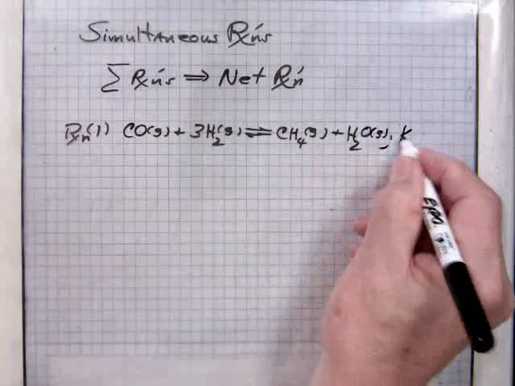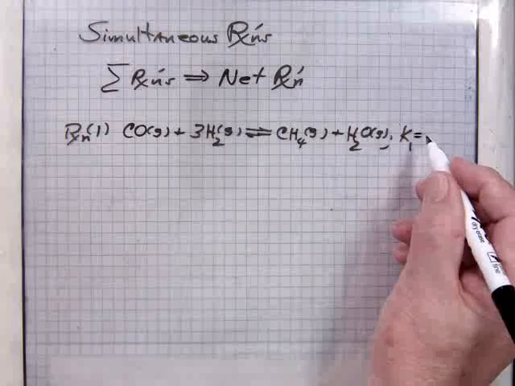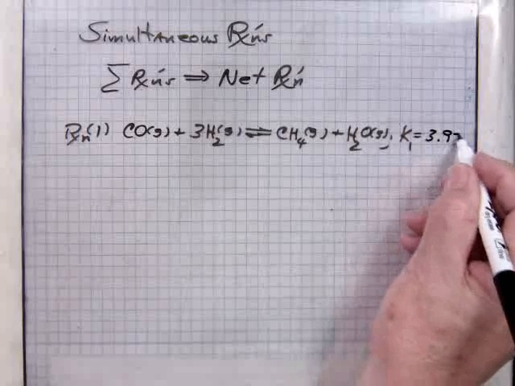And we call K1, so this equilibrium constant 1 is 3.92. Okay?